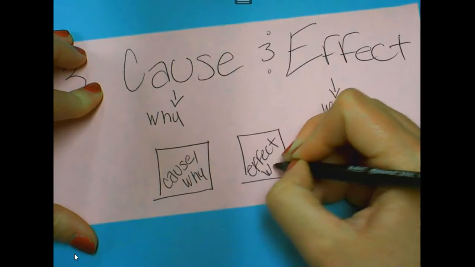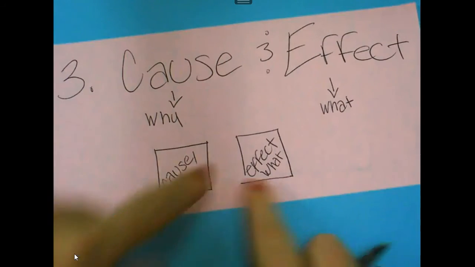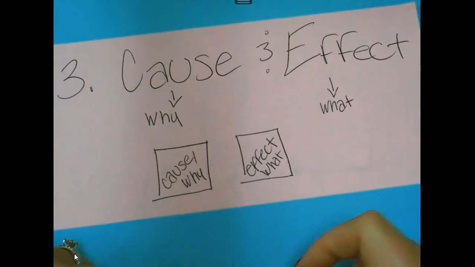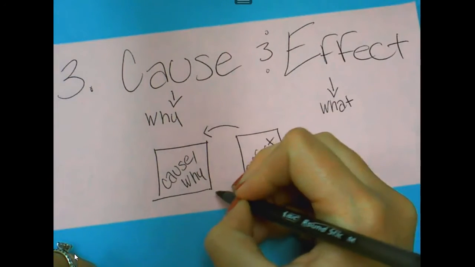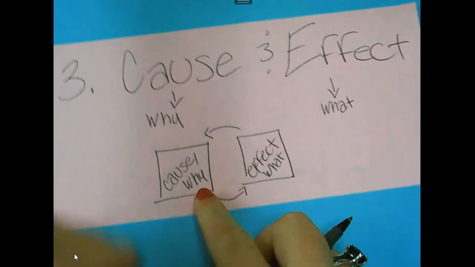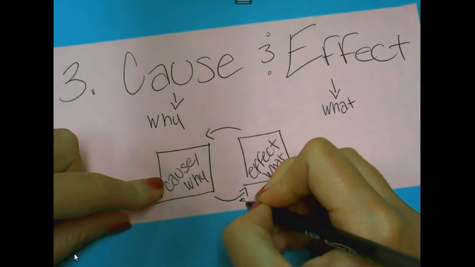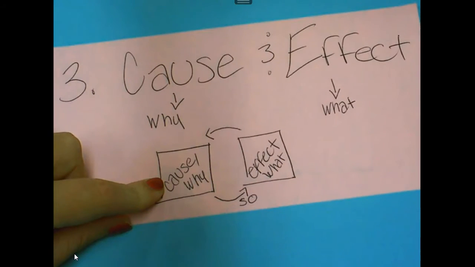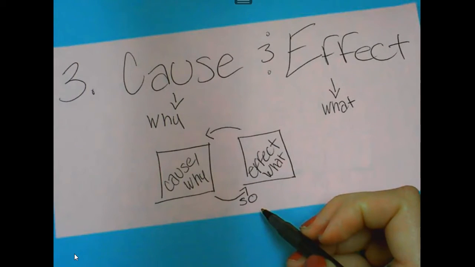Now whenever you write, these do not have to be in these kind of orders. They can flip-flop and often do, but you will notice some big hint words. If you go cause to effect, you're going to have so as the transition. It rained outside, so I got wet.